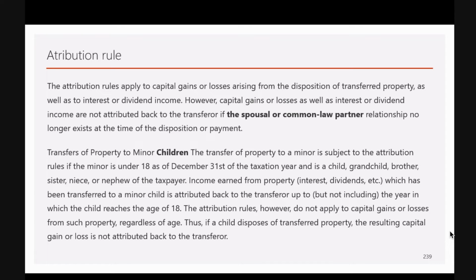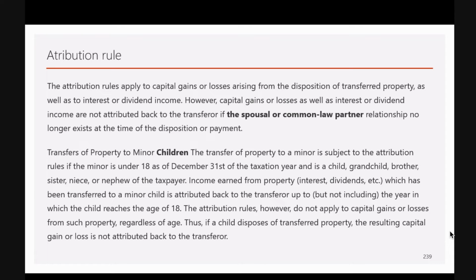So this rental income should apply the attribution rule. If the attribution rule applies, then my friend and her husband report that rental income. If not, then my friend's parents and her daughter report that rental income.